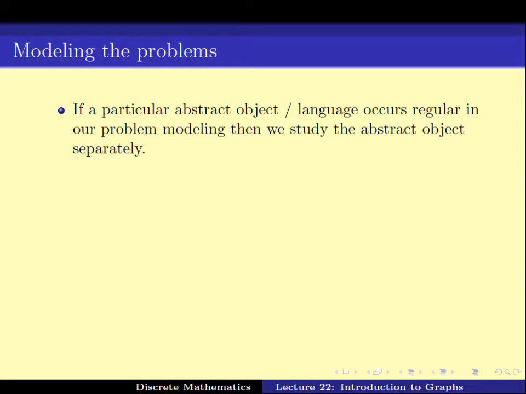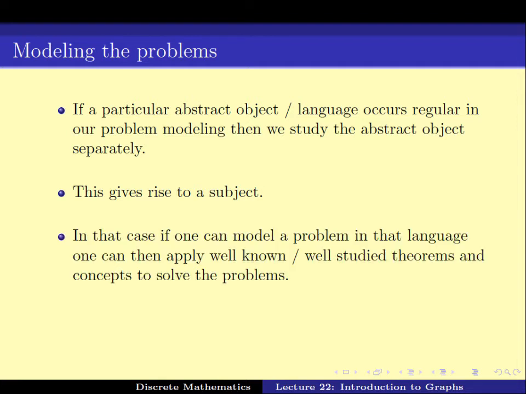And by studying them, we possibly come up with a unifying theory of attacking the problems. So once we have a particular abstract object appearing quite regularly, we start studying it separately. This gives rise to a new subject. And in that case, once you get a problem, we would like to phrase it or convert it to the language of the abstract object so that we can apply the well-known theorems.